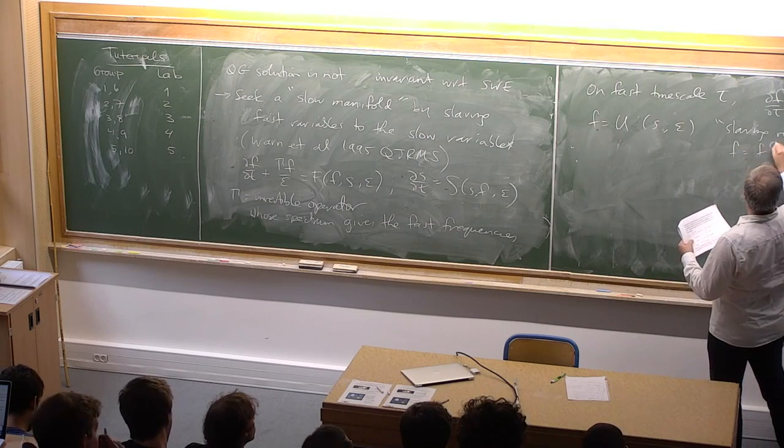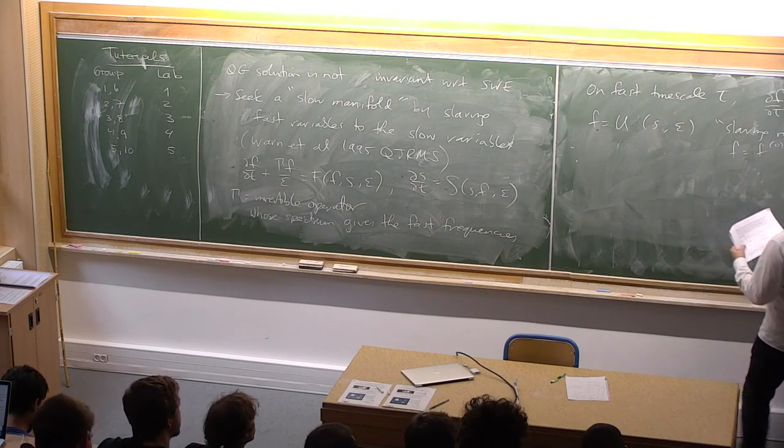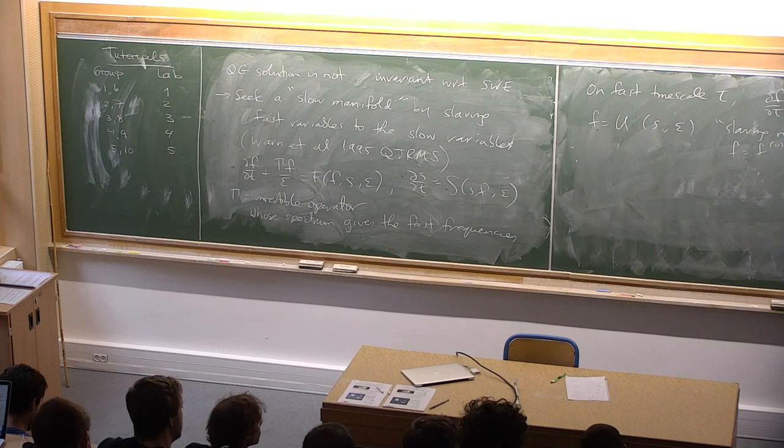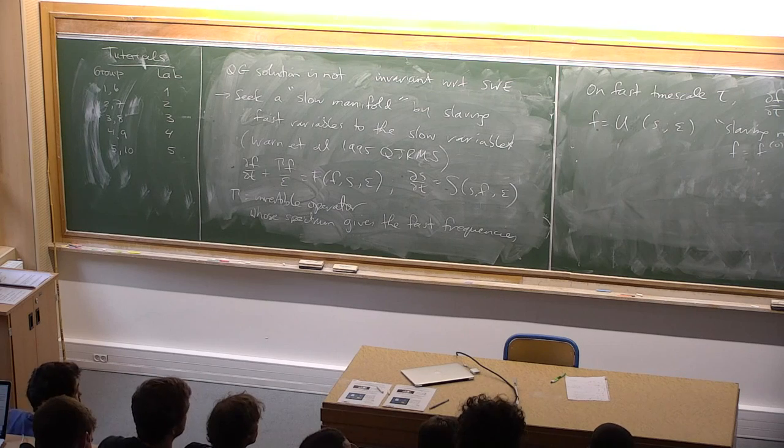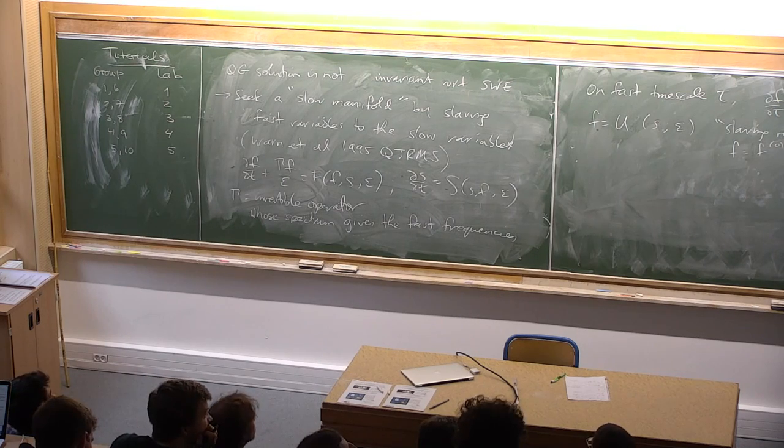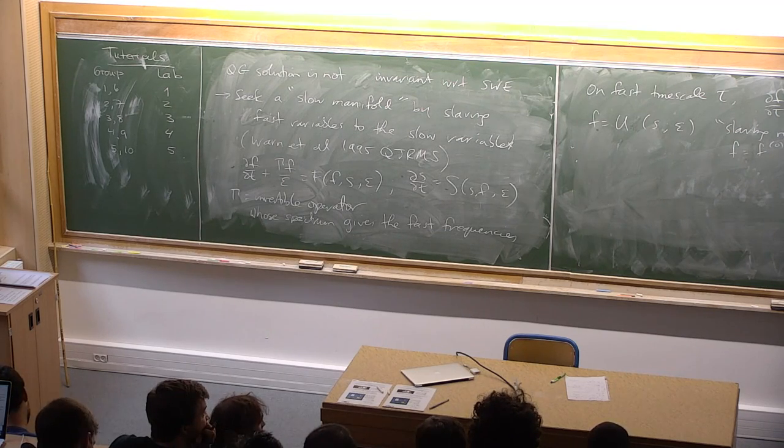So f is f naught plus epsilon f1 plus epsilon squared f2, and so on. But we don't expand s. That's the key. So we slave to a slow variable, and we try to find it. And actually, it turns out this is linked to a renormalization theory that Timon has used, and so on.